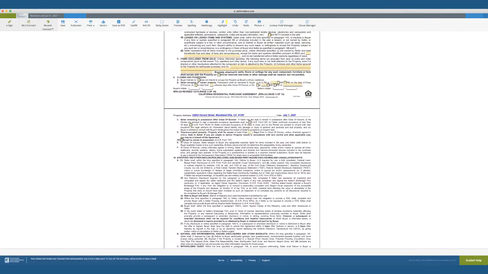So many agents say, well, we're 3 weeks into this escrow and now I need to do a seller in possession. For one thing, if the seller comes to a buyer after the fact and they want to stay longer, the buyer doesn't have to agree to it. That's the truth.